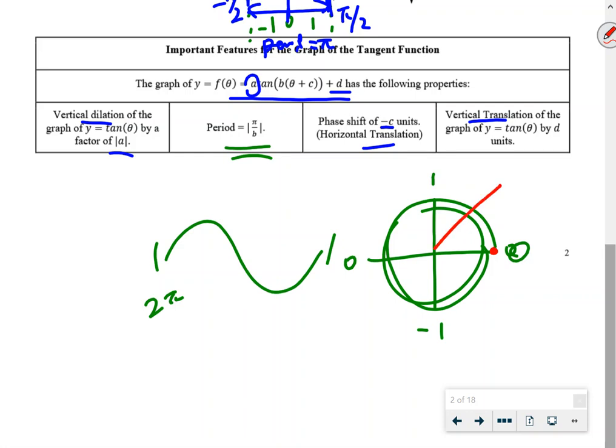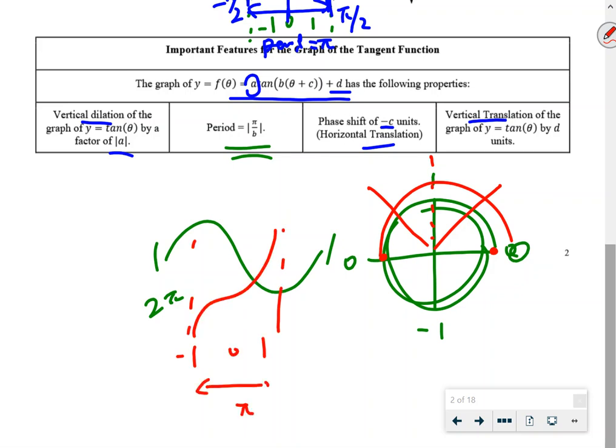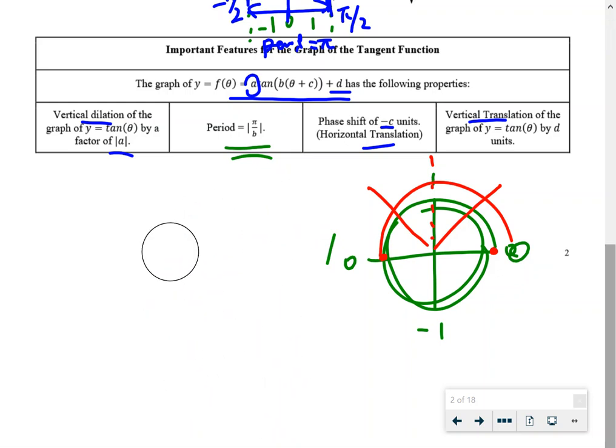This is 1, and the asymptote, and then -1. And then 0 again. So from half of a circle I finished one cycle already, which means I'm doing -1, 0, 1, asymptote within pi. Or just remember, the sine and cosine period formula is 2 pi over b, tangent 1 pi over b.